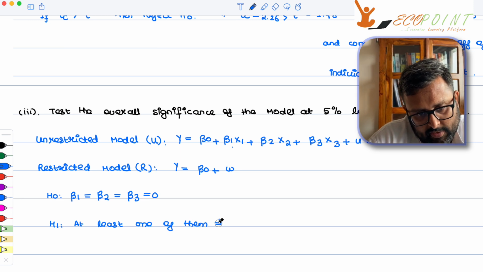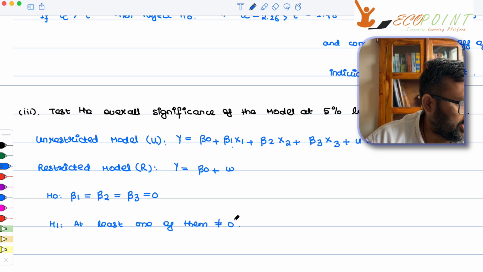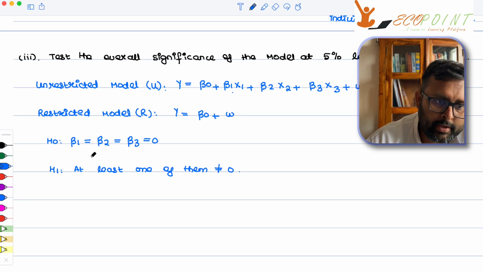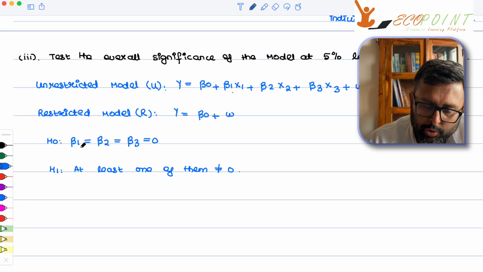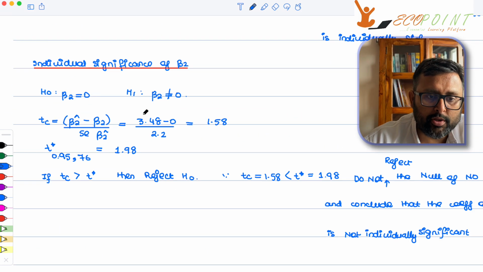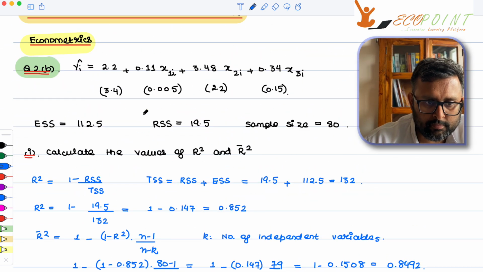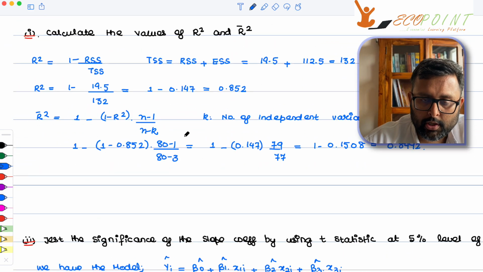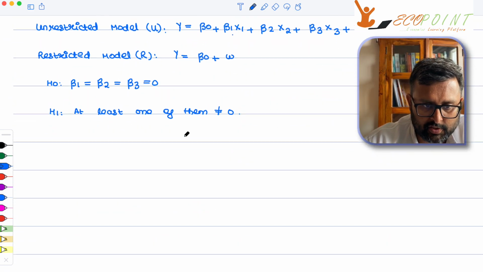At least one of them is not equal to 0, right? So in order to use the F statistic formula, you need to find out the RSS of U and RSS of R. RSS of U is already given to you in the question. You need to find out the RSS of R first, right?